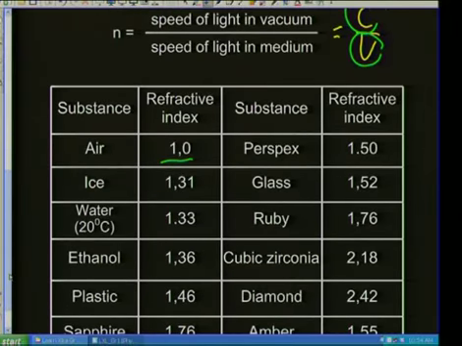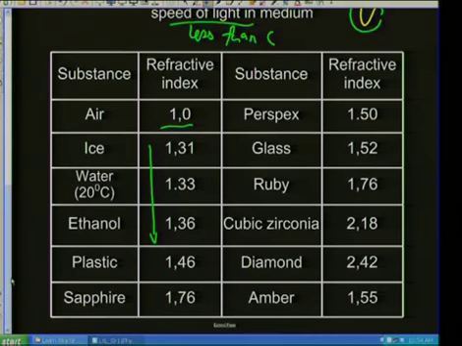What you need to recognize is for these other refractive indices, what's happening. You'll notice that all the other values that are given here are getting bigger. That tells us that the speed of light in the material is slowing down. It's less than c for these materials down here. So if we look at something like plastic, refractive index of 1.46, something like diamond, very high refractive index of 2.42.